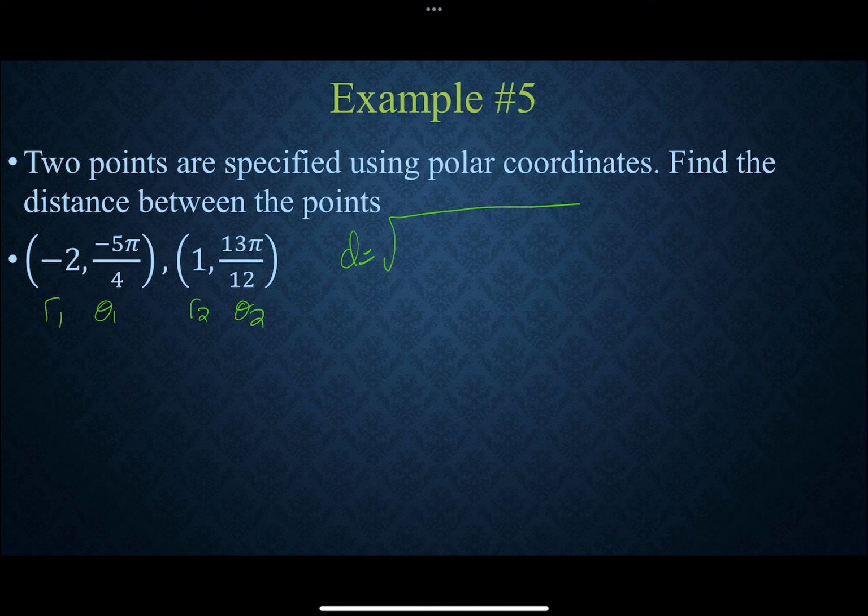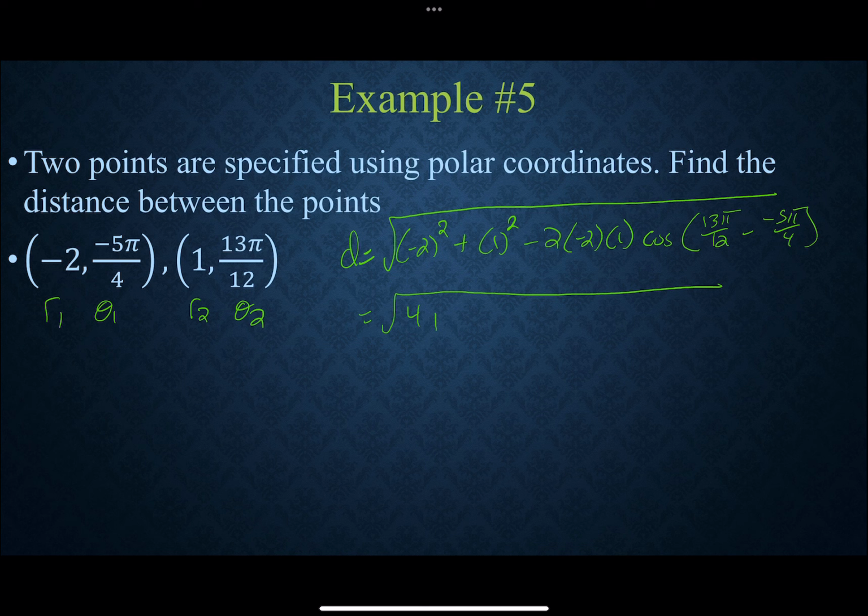So my distance would be the square root of my R1 squared plus my R2 squared minus 2 times R1 times R2 times cosine of my, so they have it as theta 2 minus theta 1, so 13 pi over 12 minus negative 5 pi over 4.